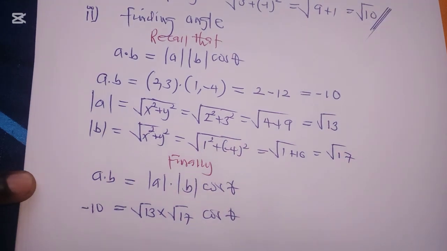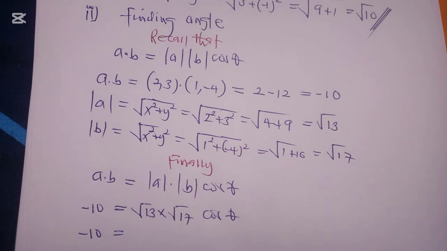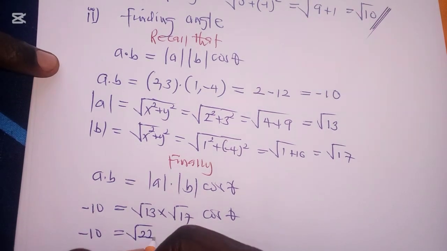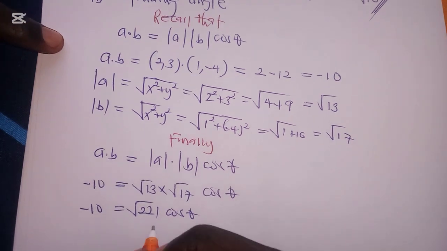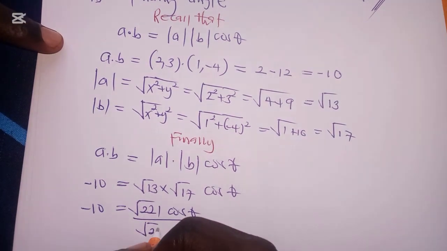So let's multiply here first. We have -10 equals root 13 times root 17, meaning 13 times 17, giving you root 221, times cos theta. Now let's divide both sides by root 221.